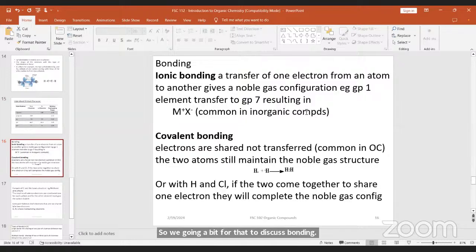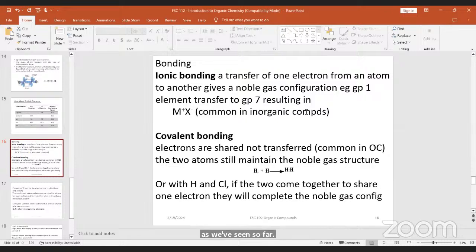Bonding in organic chemistry is mainly covalent bonding. I won't go on to start explaining what covalent bonding is, but if I could just remind you, it is a bonding that you form by sharing of electrons. This sharing of electrons could come in different ways. It could be 2 atoms participating in bonding. One is bringing 1 electron, the other is bringing 1 electron. They pull it together, they form a bond, as we've seen so far.